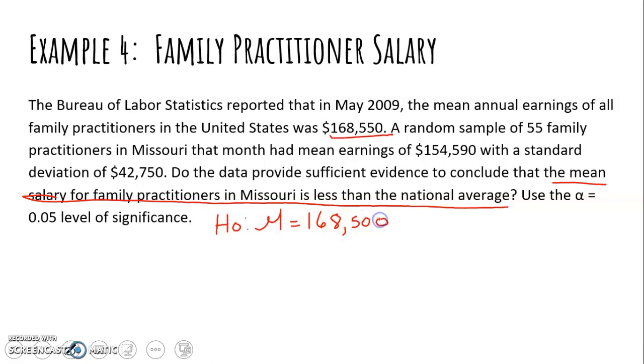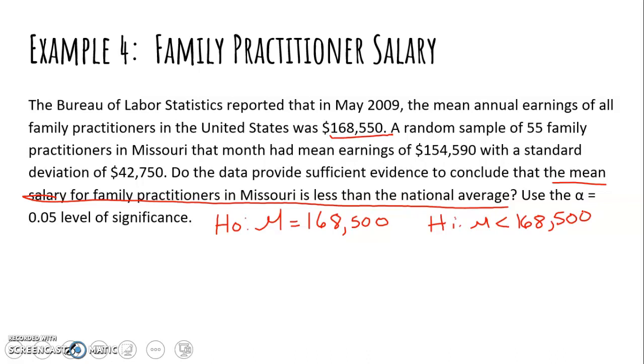And that's what we have to assume until we prove otherwise. The alternate statement usually goes with the claim that the mean salary for family practitioners in Missouri is less than the national average. Now, next we need to figure out what type of test we need to run.